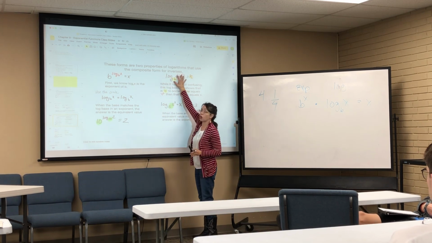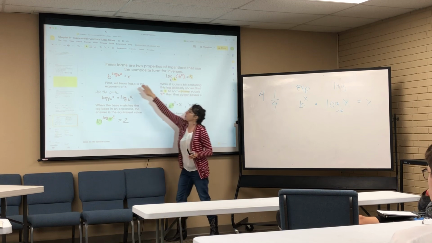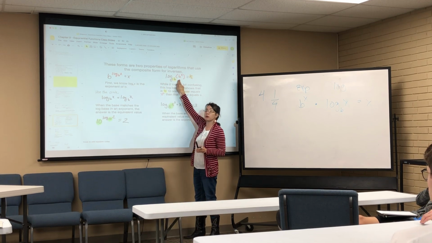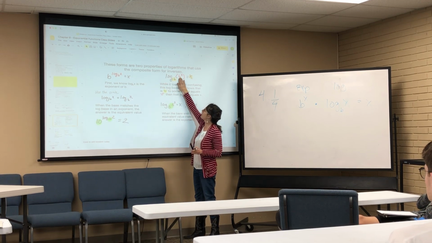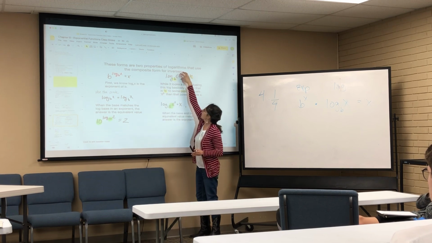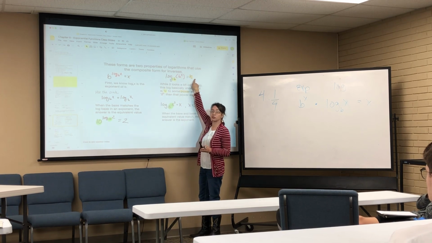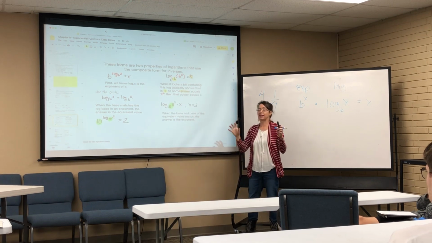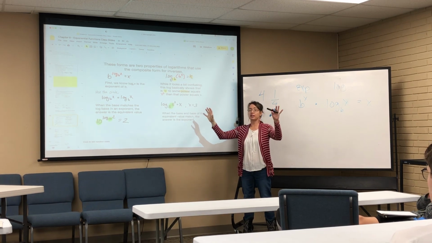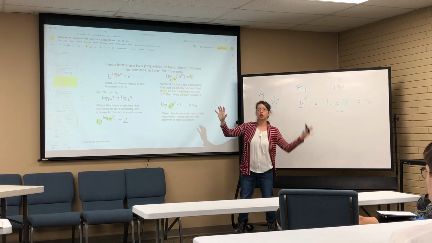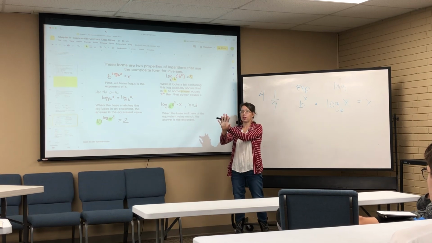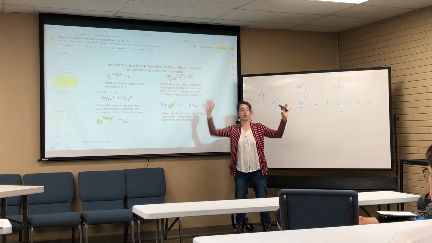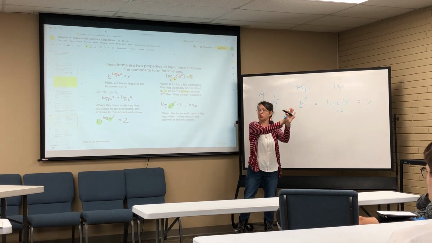Or we can take the first one and put it into the x space of the second. So we have log base b of x, and we take our entire b to the x and put it in here, and it also equals x. So now we have two different forms that both equal x. One is we took equation 2 and placed it into equation 1. The second is we took equation 1 and placed it into equation 2.